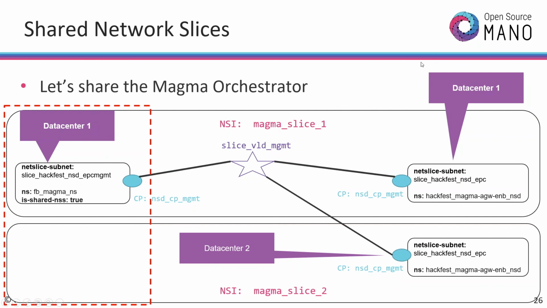It is located in data center one, both, and the next magma net will be instantiated in data center 2. Since it is shared, this net will not be reinstantiated, the Facebook magma. Only the gateway will be instantiated, but in data center 2.